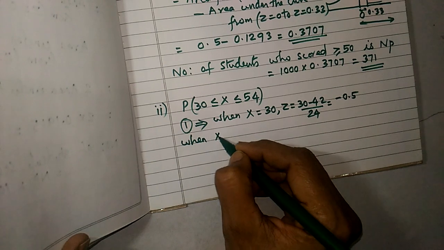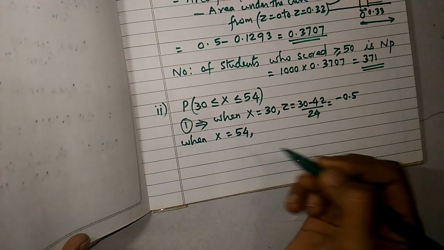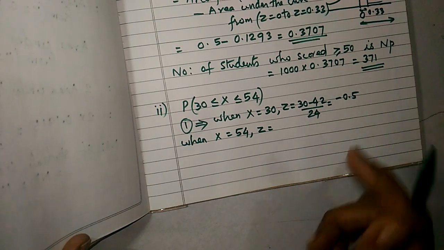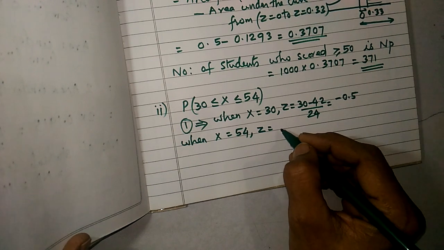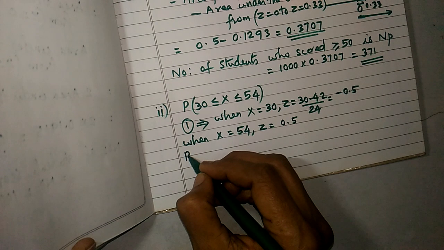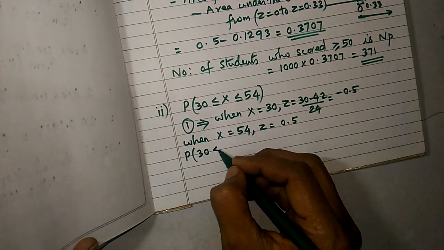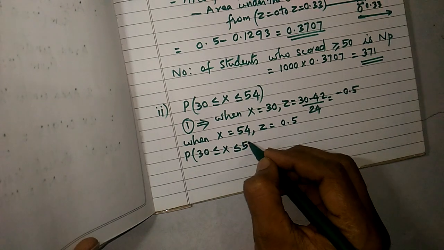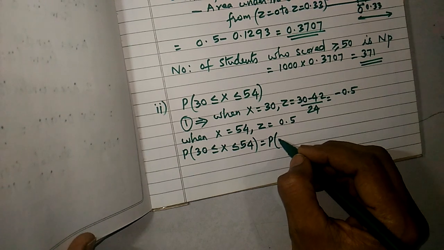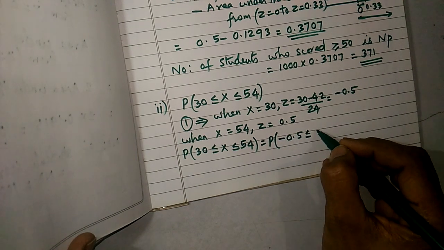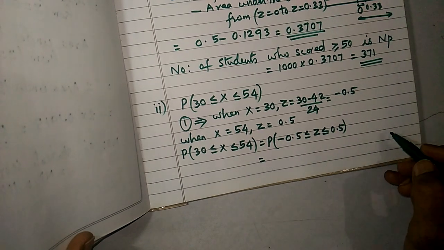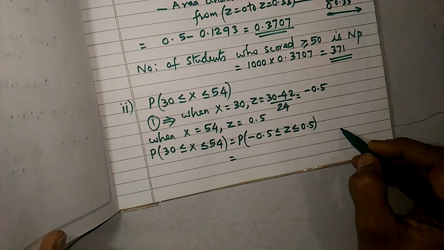And when x is equal to 54, in the same way you will get z equal to (54 minus 42) divided by 24, which is 12 by 24, that is plus 0.5. Therefore, the probability that 30 is less than or equal to x less than or equal to 54 is equal to the probability that minus 0.5 is less than or equal to z less than or equal to plus 0.5. Let's draw a diagram of that.